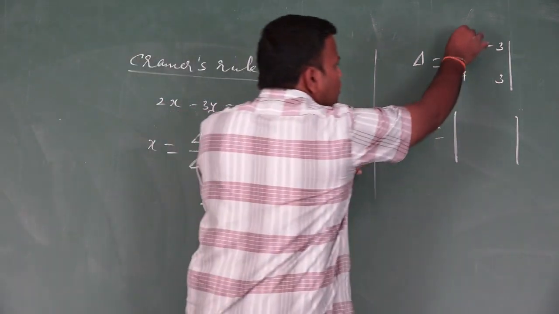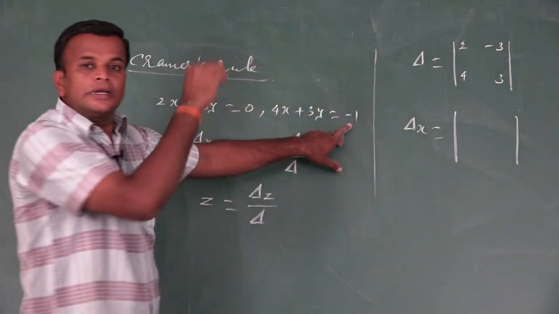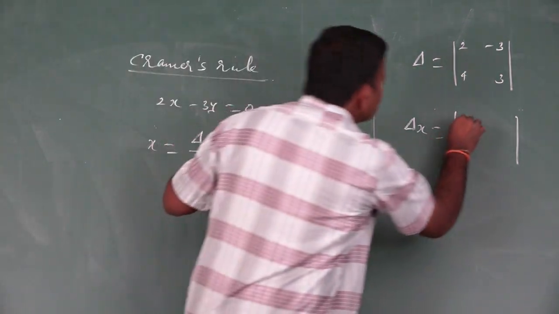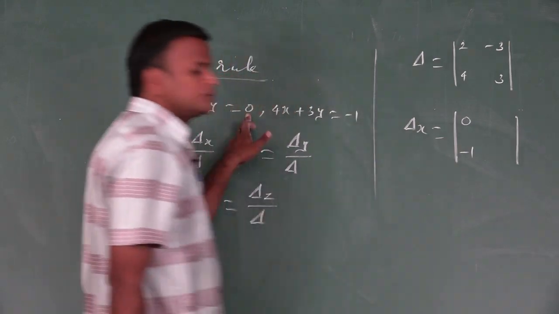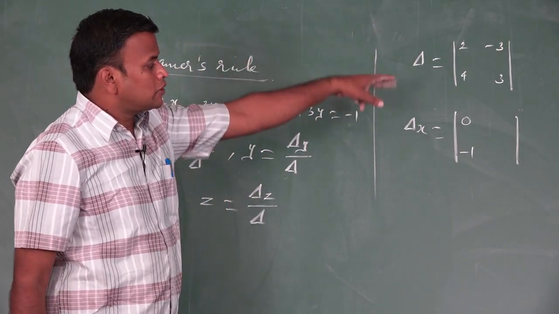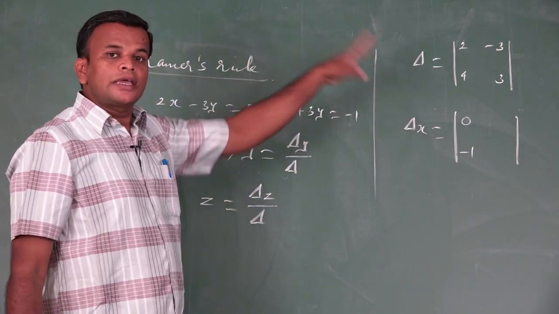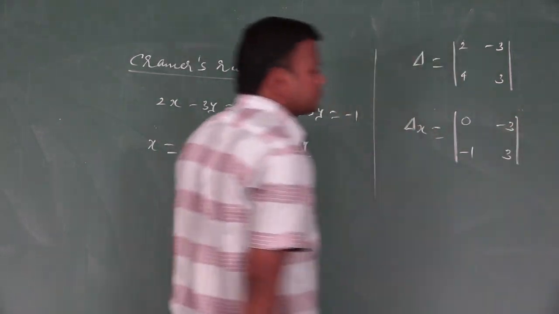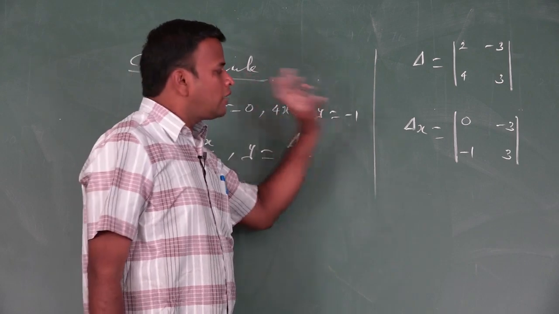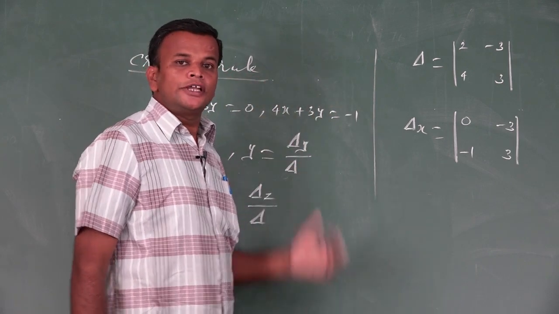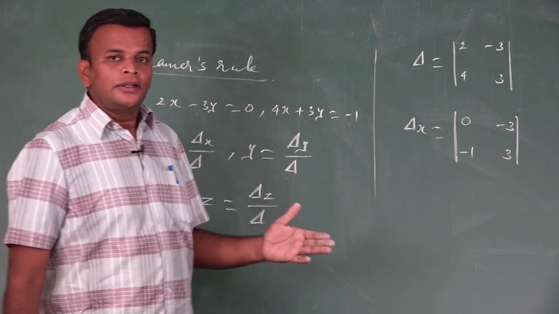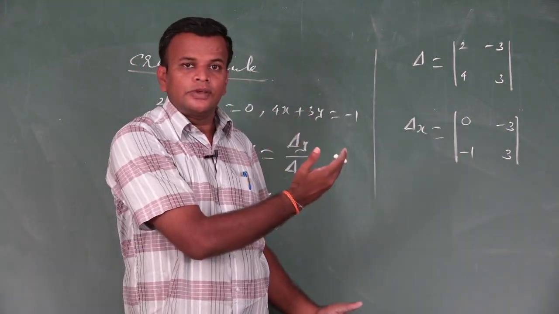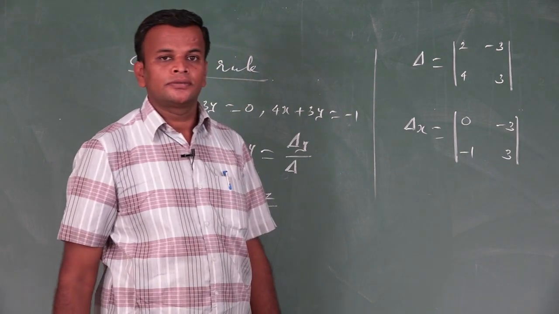So we eliminate the coefficient of x column and enter the RHS, 0 and minus 1. The second column is written as it is, minus 3 and plus 3. So that is the value of del x. In del, we leave the coefficient of x column and enter the RHS values, and the next column has no change.